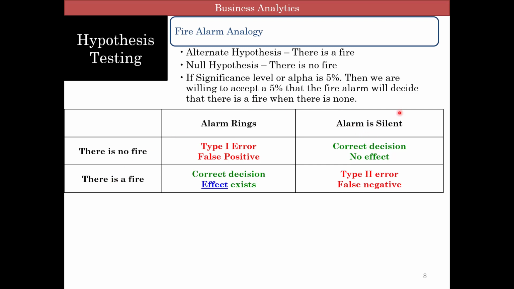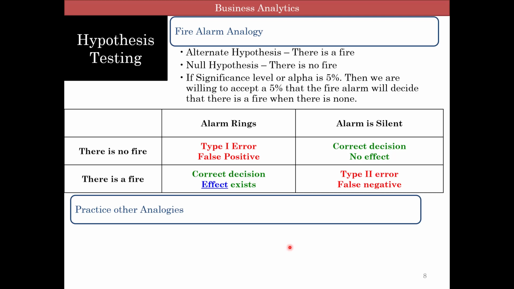If there is a fire and the alarm is silent, that's a false negative. And when there is a fire and the alarm rings, that's the correct decision. The effect exists, and 1 minus the type 2 error, or beta, will give you the power here. And now you can practice this with other hypotheses.